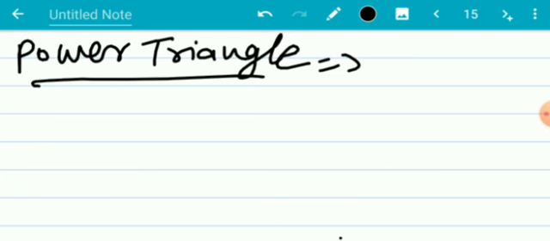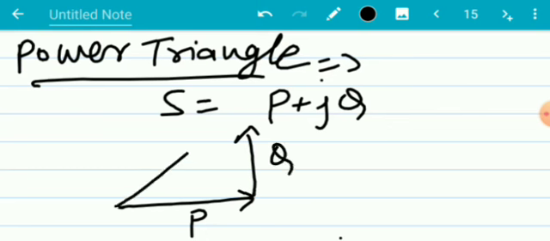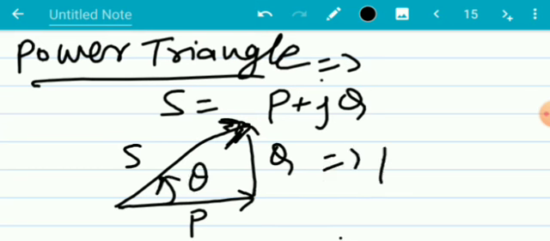Since we know that this is equal to P plus jQ, it can be drawn with P and Q as the sides and S as the hypotenuse with angle theta between them. This is the power triangle, just like the impedance triangle.